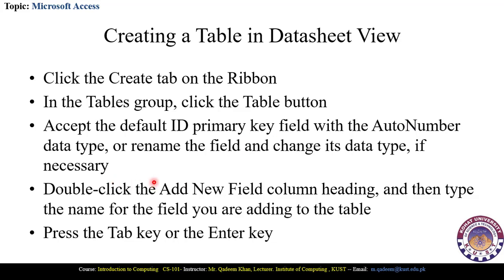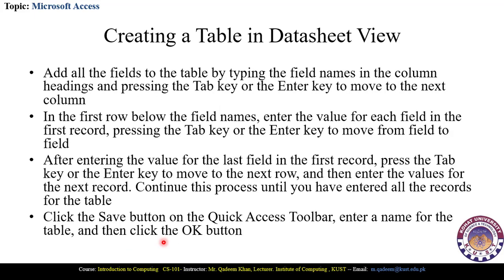Then we will double click to add the new fields or the columns and headings, and then we will also define the data types of that particular table and our attributes here. So we can press the Tab key or the Enter key to access that particular attribute here.